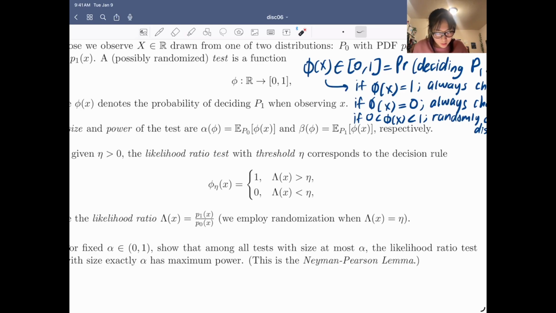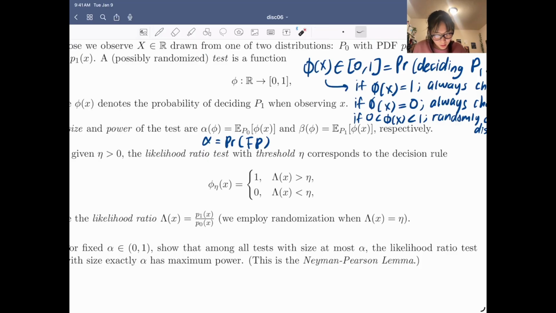So the probability of deciding P1, given that we're choosing from the probability distribution P0, is basically saying that this alpha is equivalent to the probability of a false positive, FP representing false positive.